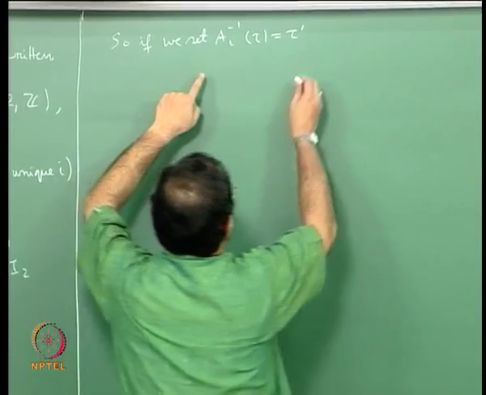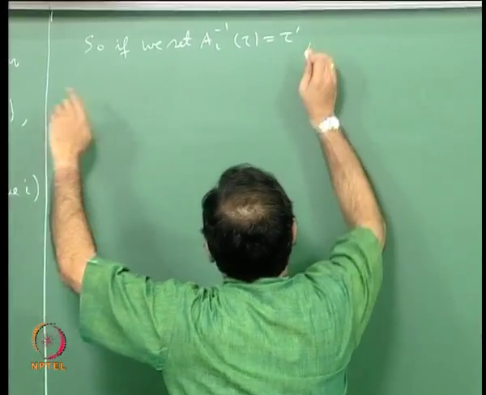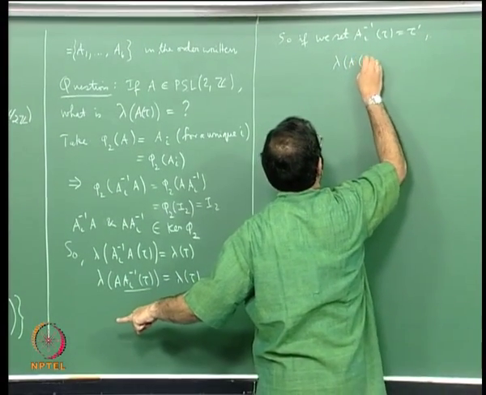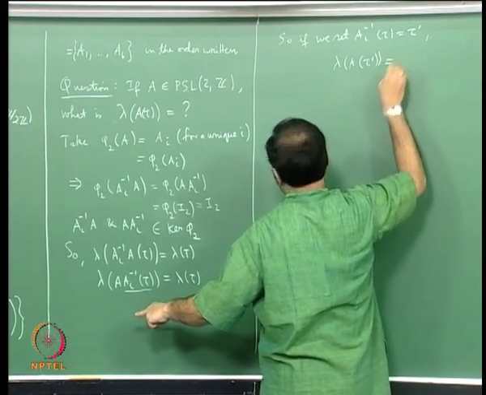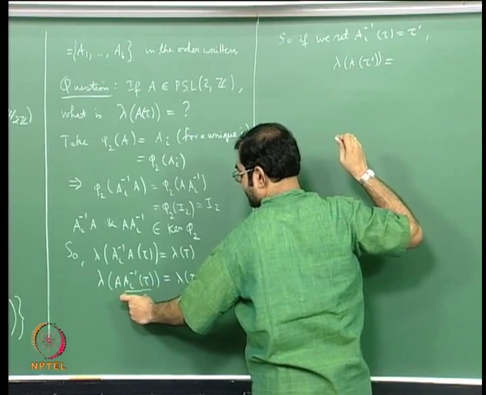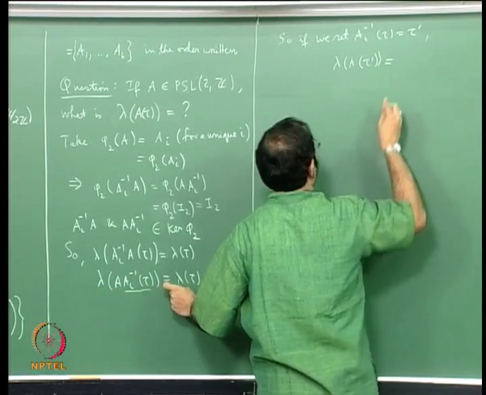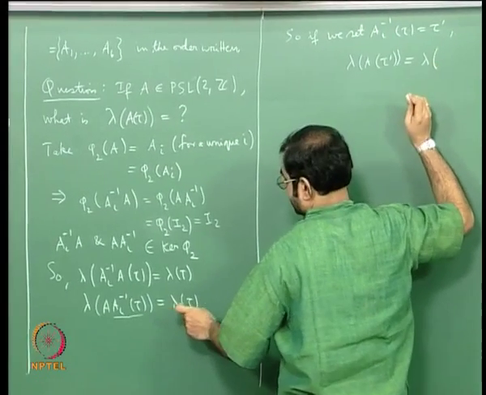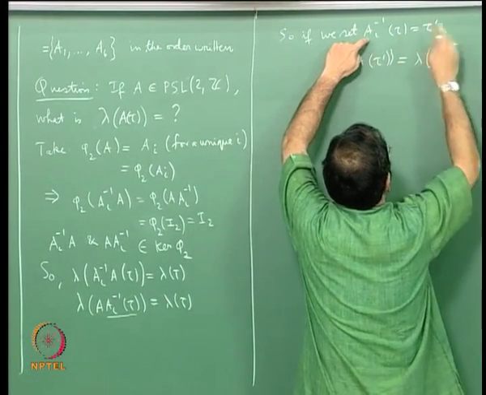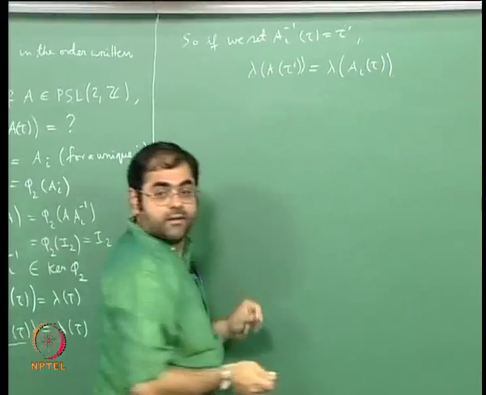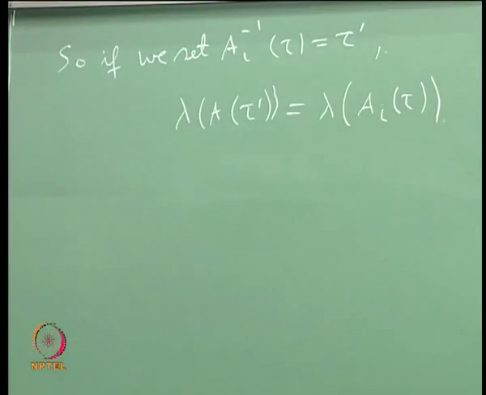So what you will get is that lambda of A of tau prime is, from here, since AI inverse tau is tau prime, lambda of A of tau prime is lambda of tau, but tau is AI of tau prime. So we have the answer to our question.